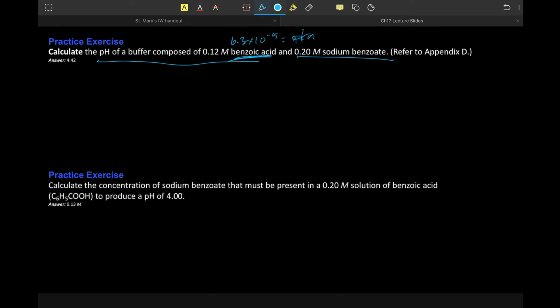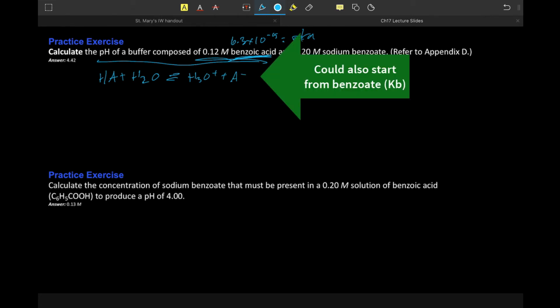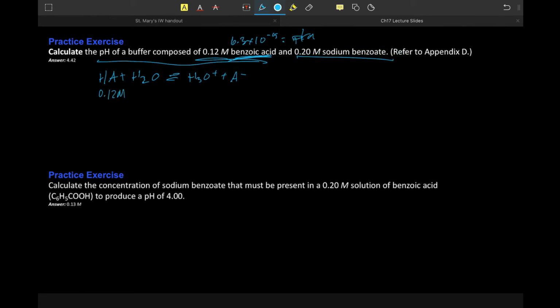We'd like to calculate the pH of this buffer, so I would start with my benzoic acid, where HA plus H2O gives us H3O plus and A minus. Benzoic acid is our HA, and A minus is the benzoate. So 0.2 molar of that, and the pH is what I'm looking for.